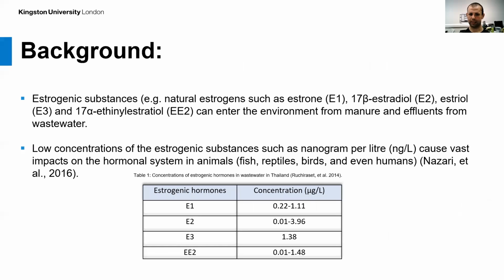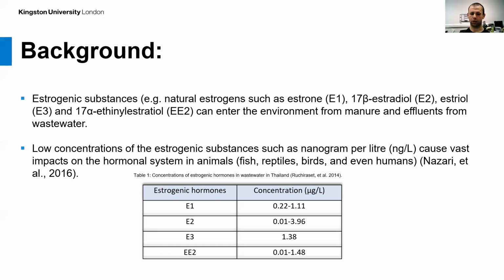Estrogenic substances, such as the natural estrogens E1 estrone, 17-beta estradiol E2, estriol E3, and the synthetic hormone 17-alpha ethinyl estradiol, EE2, can enter the environment from many sources, including hospitals and industries.